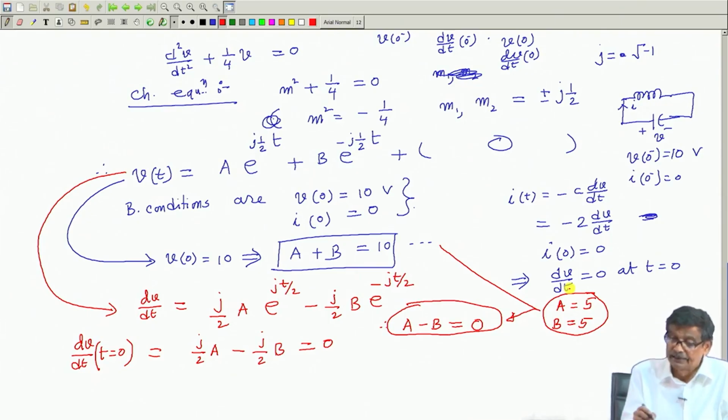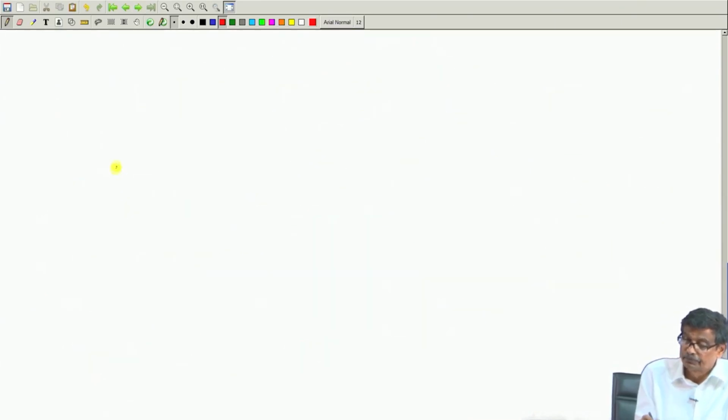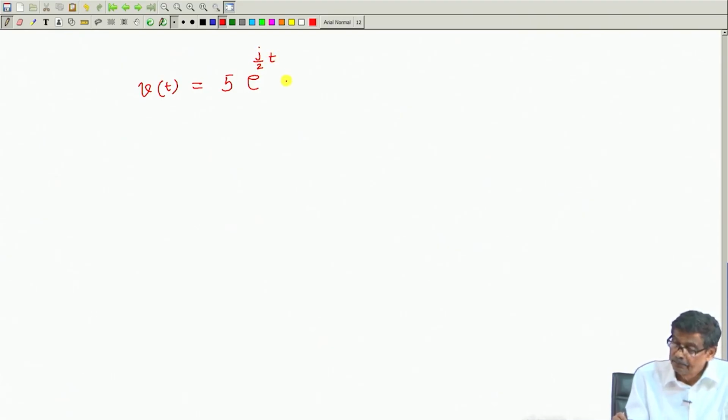Therefore, I will say the voltage across the plate of the capacitor V t will be equal to 5 into e to the power j by 2 into t plus 5 into e to the power minus j by 2 into t. This will be the solution, hopefully correctly written.